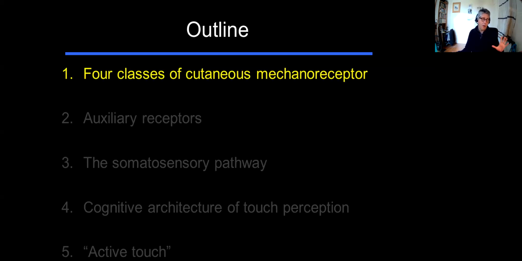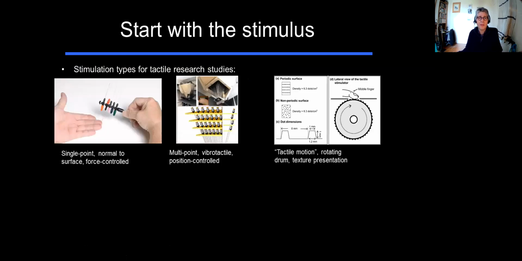Okay, so all textbook discussions of neurophysiology of touch begin with the 4 main classes of cutaneous mechanoreceptors. These are the really important basis for a lot of our sense of touch, not all, but a lot of it.